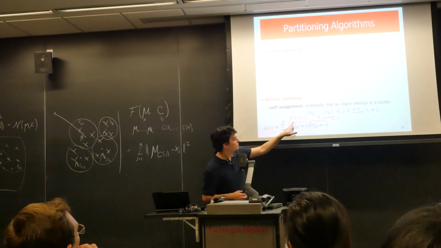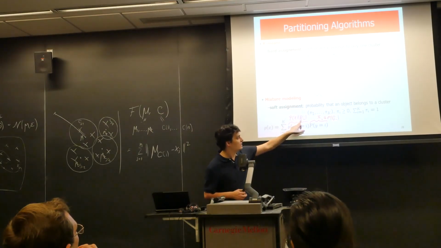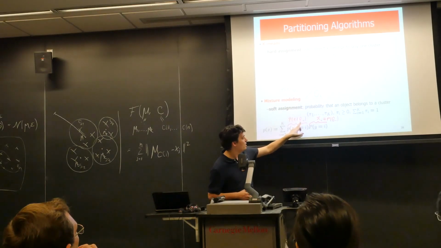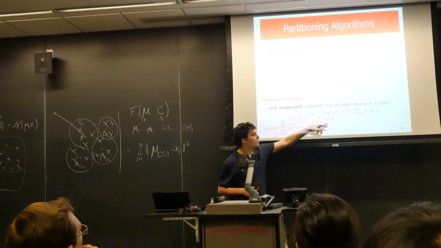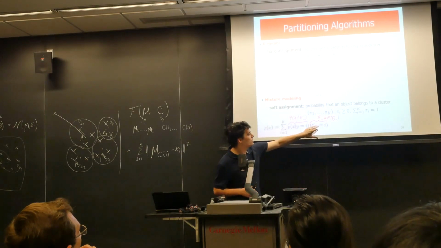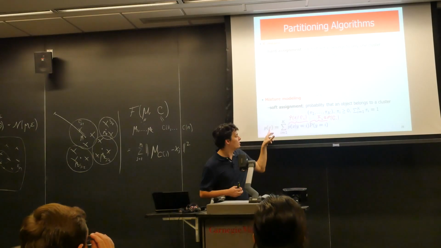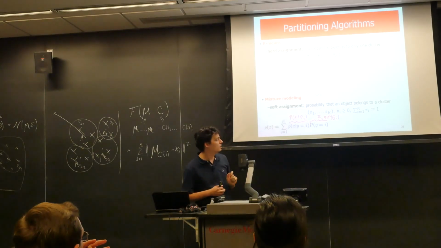So say I have k parametric models. Each has parameter theta i. So this is p(x | theta i). And with some prior probability p(theta i), I use model i. And to calculate the probability of a given point x, I just use this mixture here. Does it make sense?